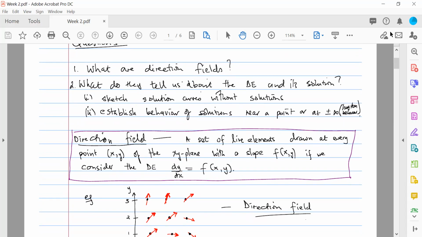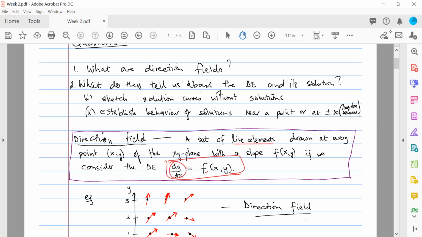So you have this set of line elements. These are lines that are drawn at every point (x, y). You are in the xy plane, and you want to draw these line elements that define the slope, or f(x, y), if we consider the differential equation. Remember, the left-hand side is a derivative, so f is representing a derivative.